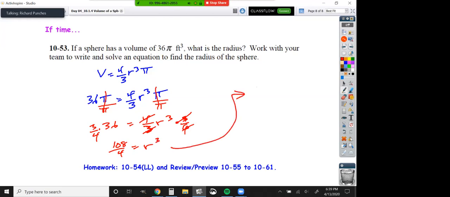So r cubed, 108 divided by 4 turns out to be 27. And we also know about cube roots now. The cube root of 27 is 3, so the radius must be 3 feet.